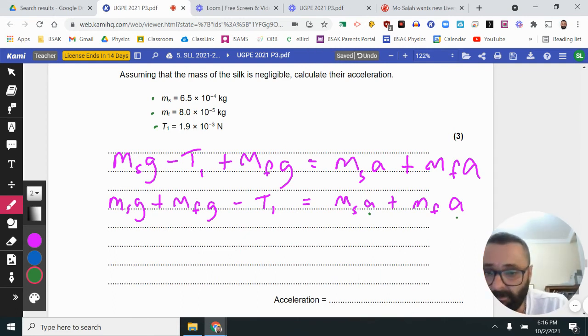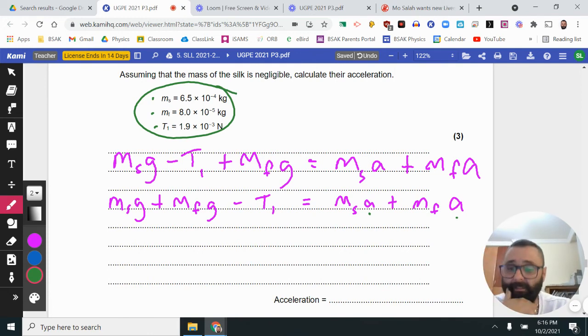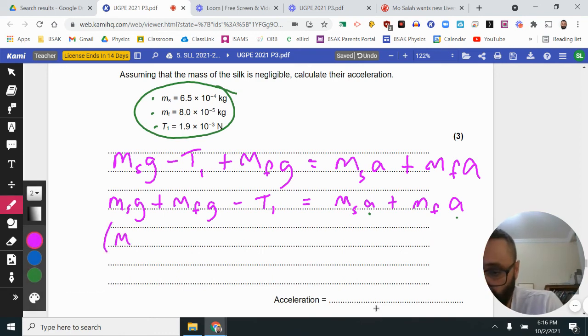Now then, I do believe these values can be substituted in quite nicely. We tidy this up a little bit more. This becomes (MS plus MF) G minus T1.